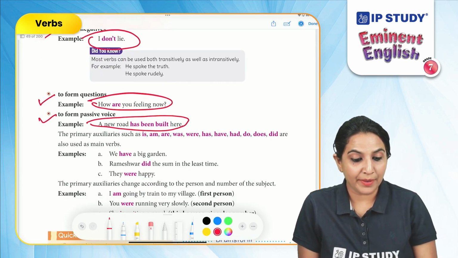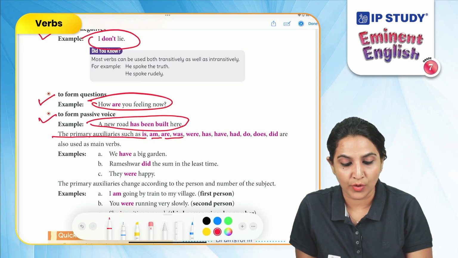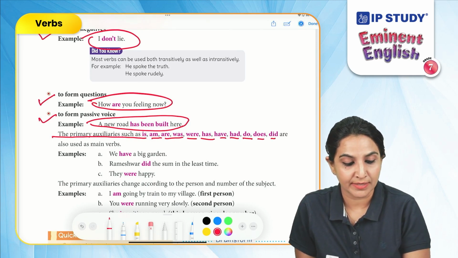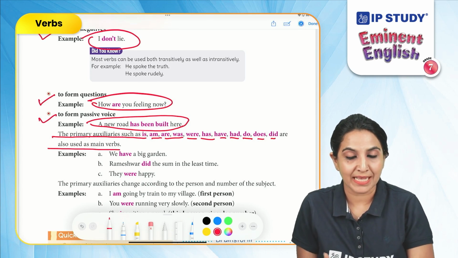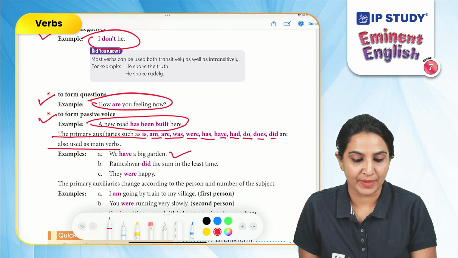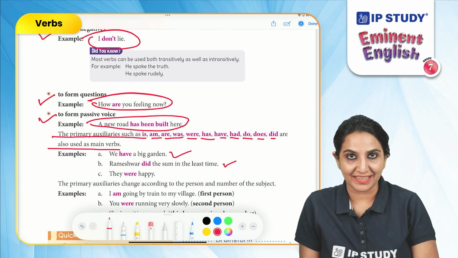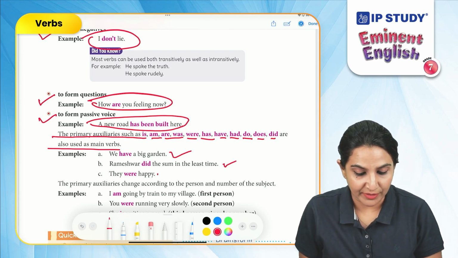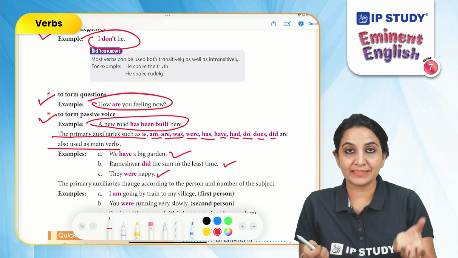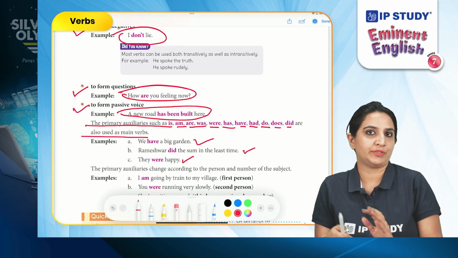Hence, the primary auxiliaries such as is, am, are, was, were, has, have, had, do, does, did are also used as main verbs. For example, we have a big garden. Rameshwar did the sum in the least time. They were happy.